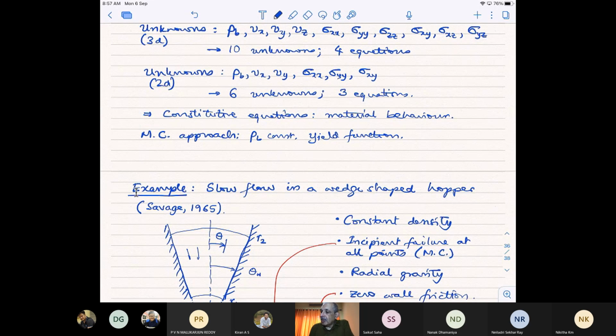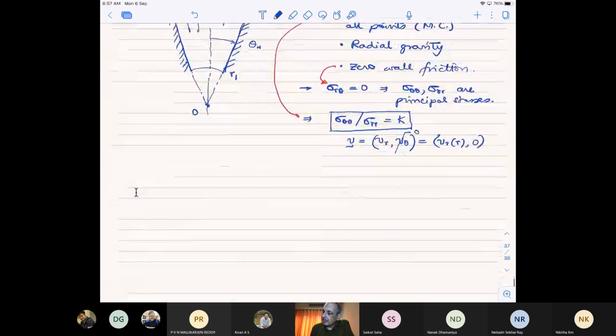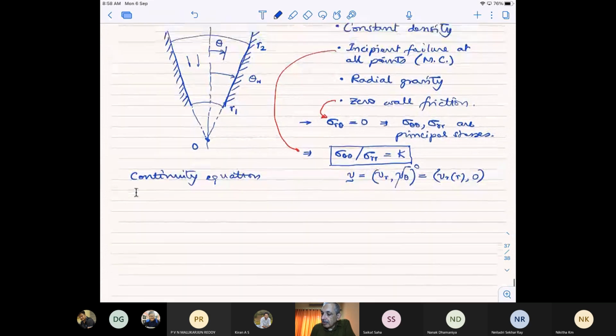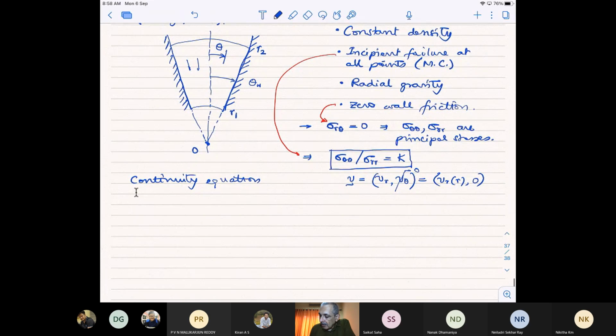So now we have 2 unknowns and we have 2 equations, and those equations are the continuity equation, and now we have to write this in cylindrical coordinates.